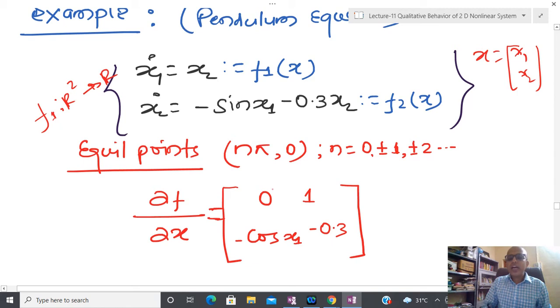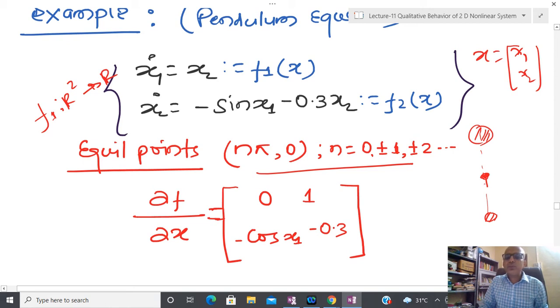Now we have already seen the equilibrium points. I have two equilibrium points whenever we talk about the pendulum: one equilibrium point below, and one equilibrium point above. We are going to analyze these two equilibrium points based on the theory of phase plane analysis.